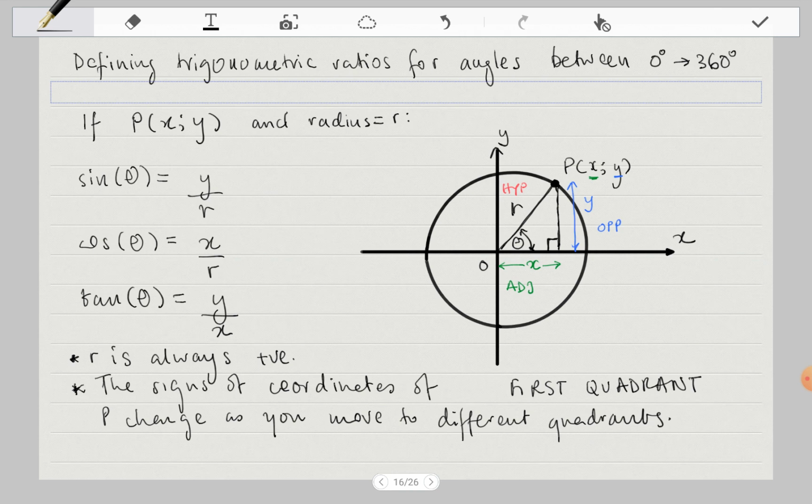Another thing to note is that we always measure the angle theta from the positive x-axis.